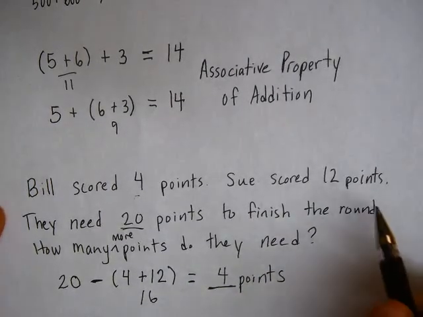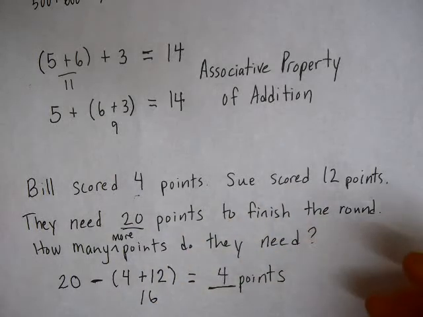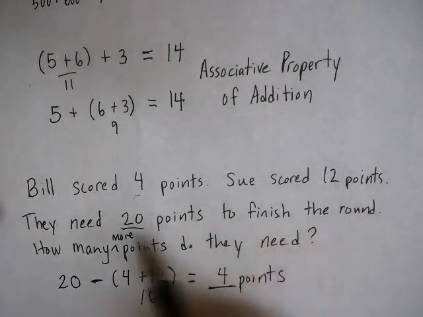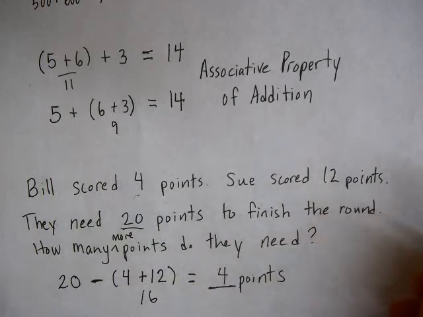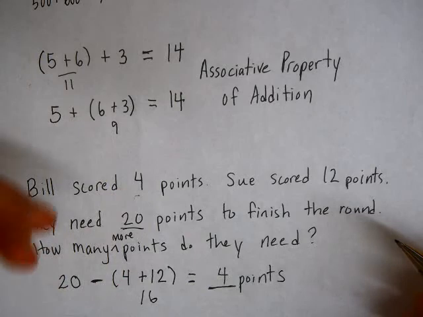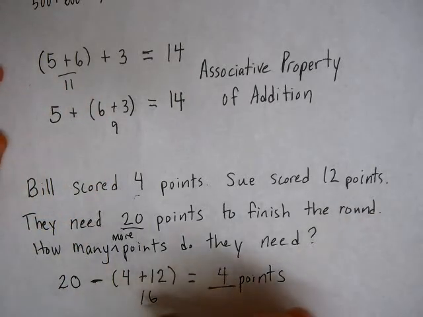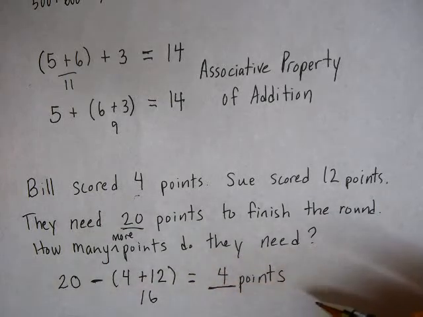So this is tricky because kids really have to stop and think about, okay, first of all, what does the question say? Second of all, what is it asking? Third, how am I going to solve it? And then after they've done those pieces, then they can generate this sort of number model. And then they actually have to solve the number model.